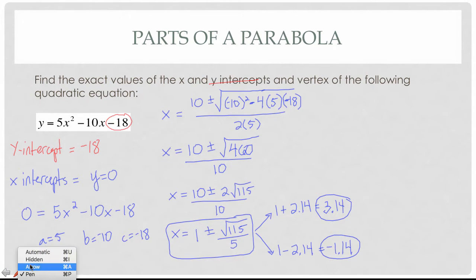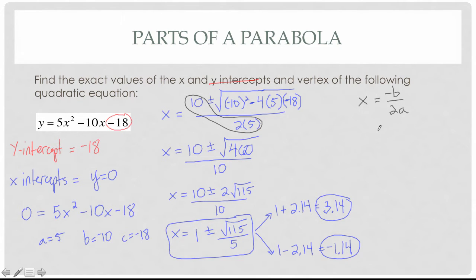Let's find the vertex. So the vertex formula is this whole one right here. x equals negative b over 2a. Now notice that's familiar because that's this part of the quadratic formula, right? Negative b over 2a. We're using this part of the quadratic formula and ignoring the plus or minus part.